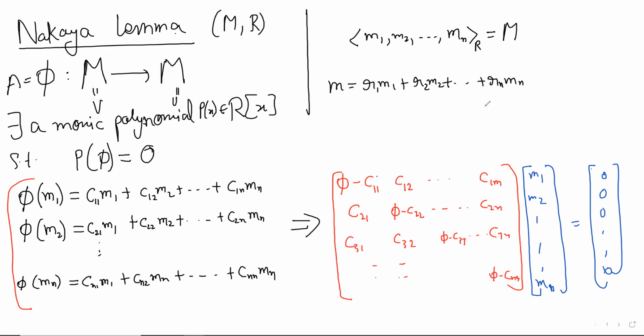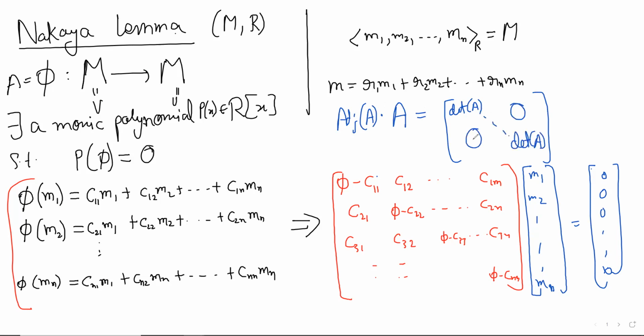Now you do your high school thing. Given a matrix A, what is A times the adjugate of A? Everybody knows this: it is the identity matrix times the determinant.